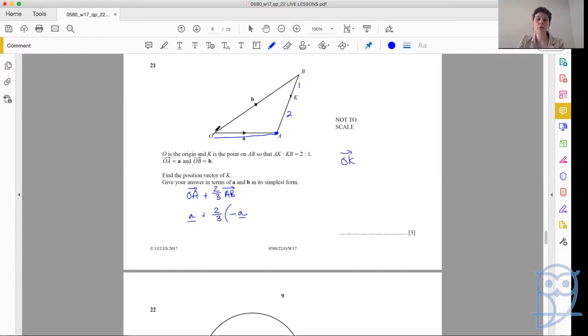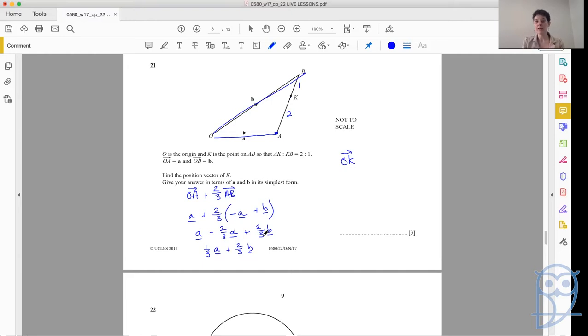And then we can go from O to B, so plus little b. So now we've got a minus 2/3 a plus 2/3 b. Well, a minus 2/3 a would be 1/3 a left, plus 2/3 of b.